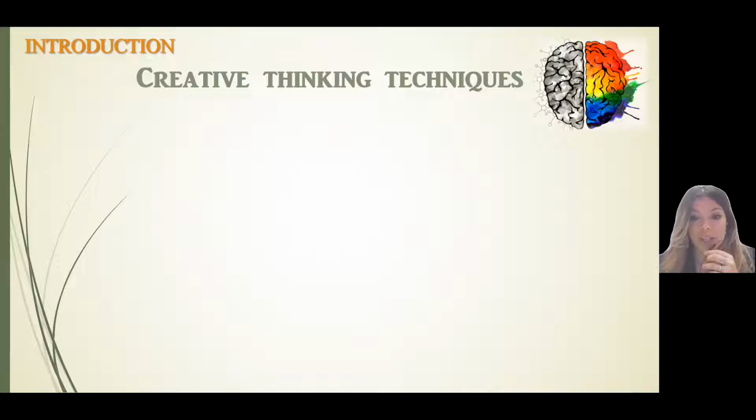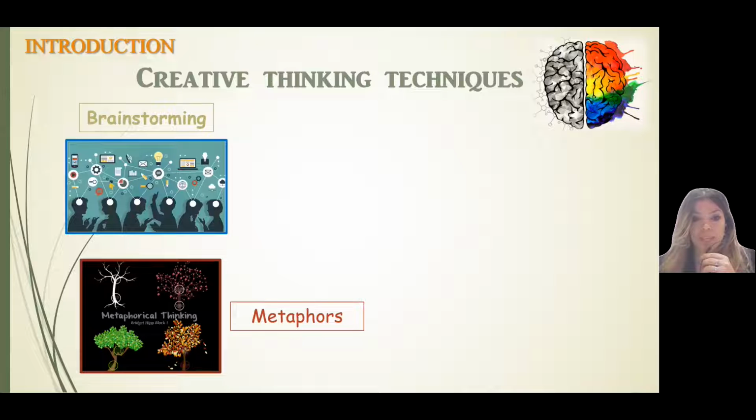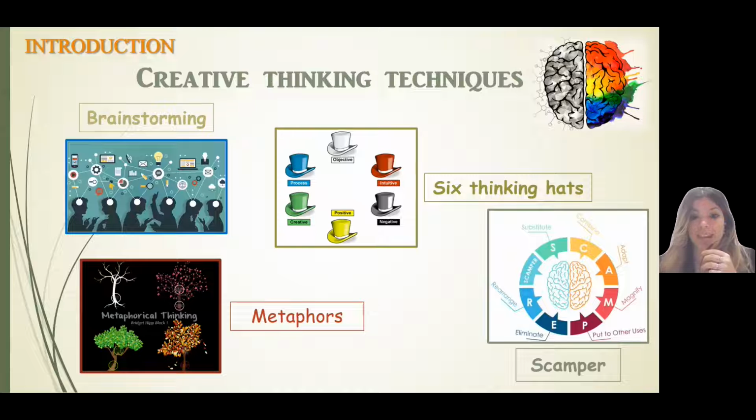There is a wide range of techniques or strategies devoted to encourage creative thinking. Among others, we can find brainstorming. This might be the one that most of you probably already knew. Metaphors, six thinking hats, Scamper, and so many others.